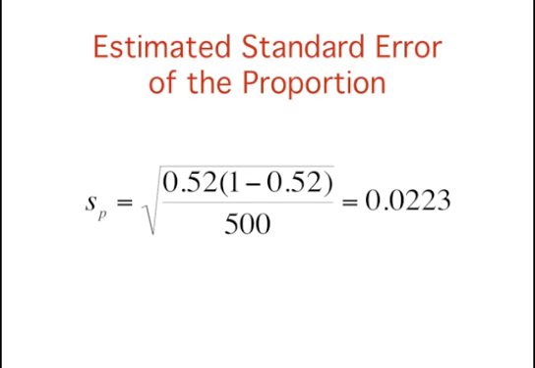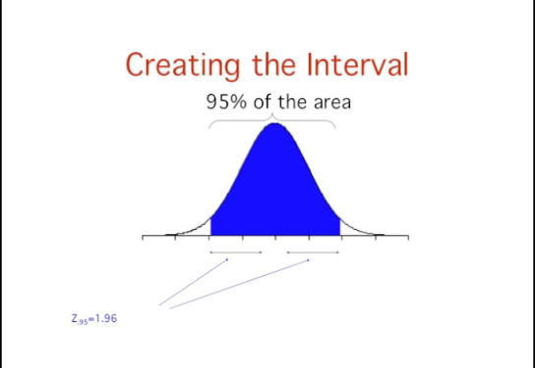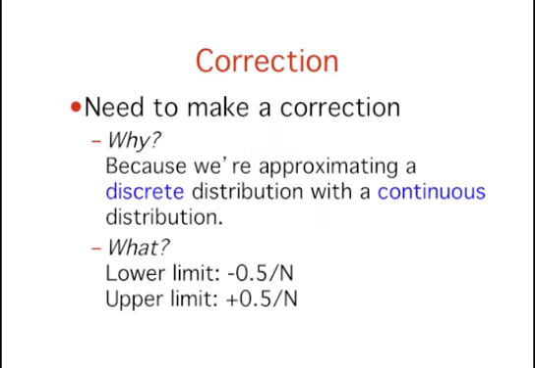The next step is to calculate z for a 95% confidence interval. The value is the number of standard deviations from the mean needed to contain 95% of the area of a normal distribution. We can use the normal distribution calculator to find that the value is 1.96. Before we work out our interval, we need to correct for the fact that we are approximating a discrete distribution with a continuous distribution.